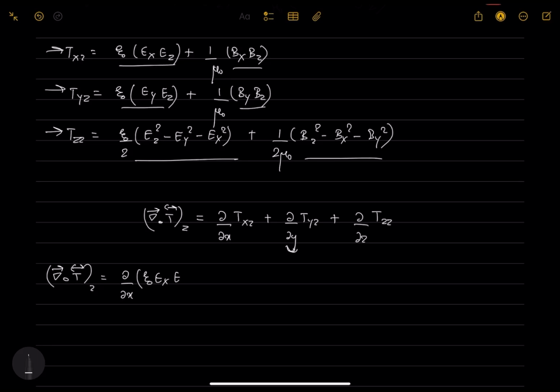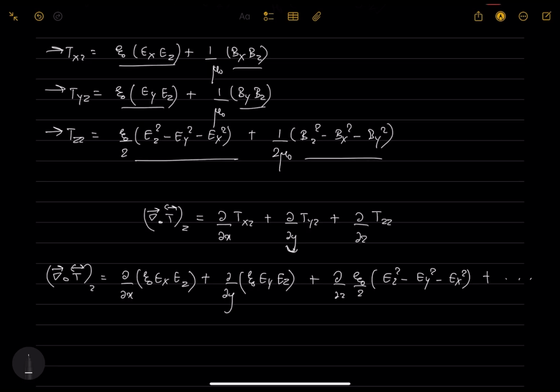So let's just write things for the electric field terms: Ez plus d/dz of ε₀/2 (Ez² − Ey² − Ex²), right?